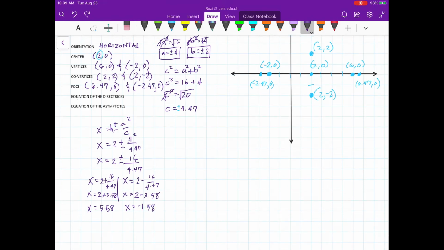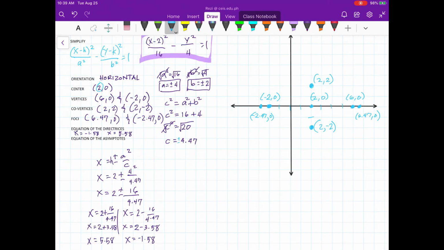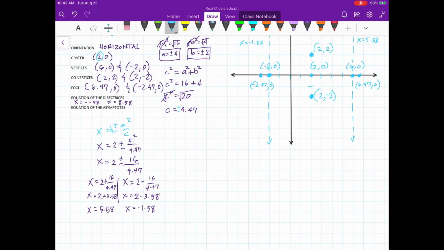For the directrix, we have... For the asymptotes, we use this one. Let's substitute the values.